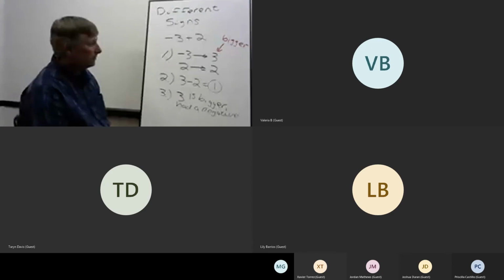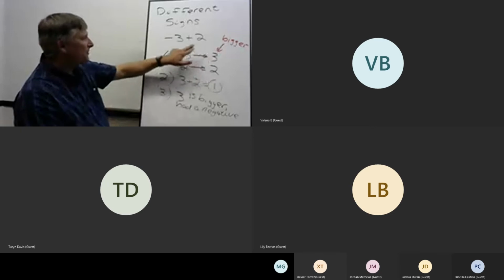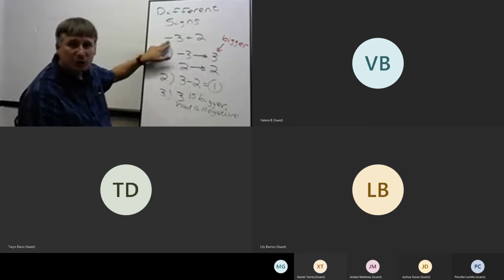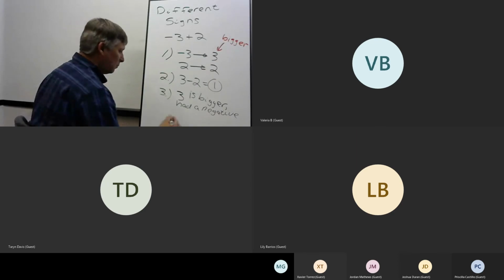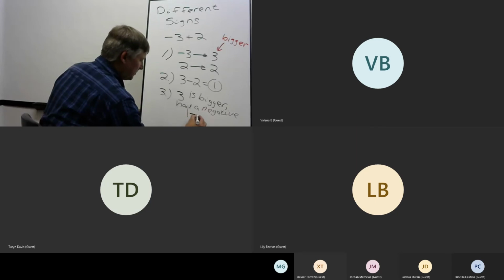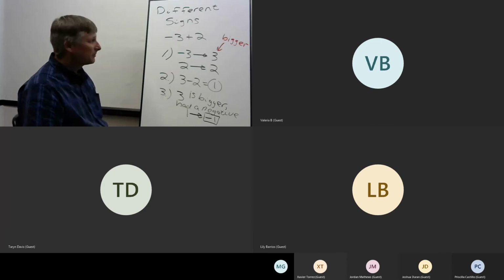So what we're going to do is the bigger positive number, whatever sign it originally showed up with, that will become the sign of our answer. So 1 will become -1. And that's going to be our answer.